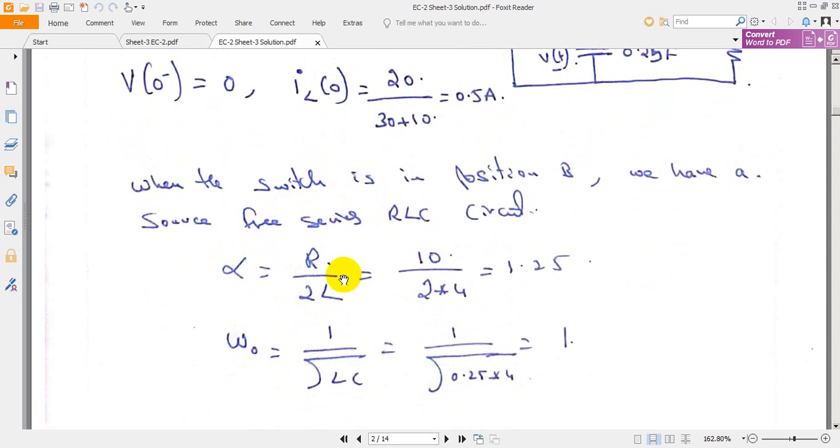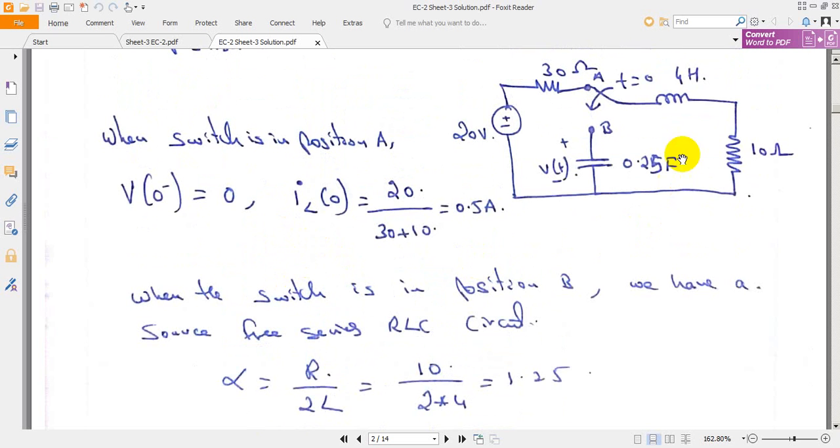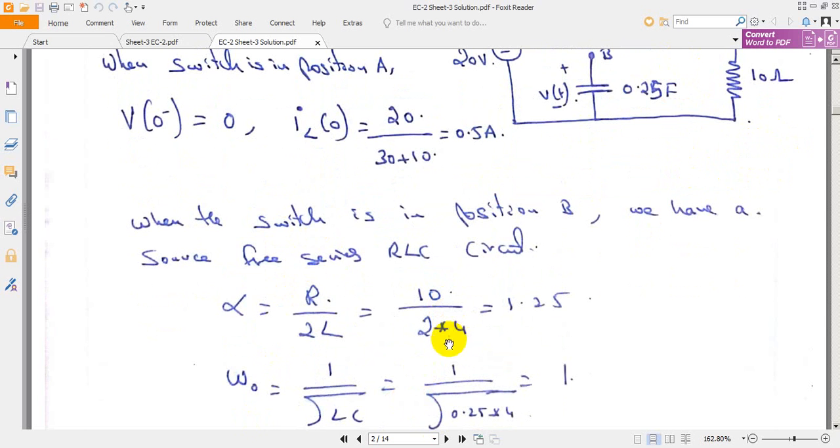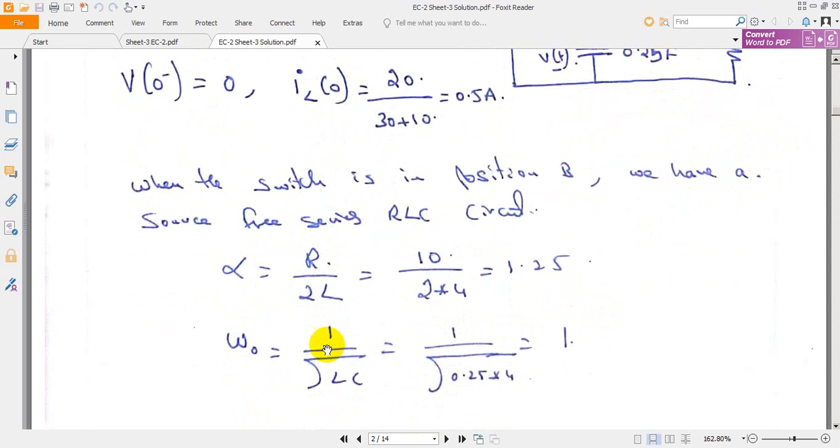Alpha for an RLC series circuit is R by 2L. Substituting R is 10 ohms and L is 4, you get 10 by 2 into 4, which is equal to 1.25. Alpha is equal to 1.25. Now coming to omega naught, the angular frequency, which is equal to 1 by square root of LC.